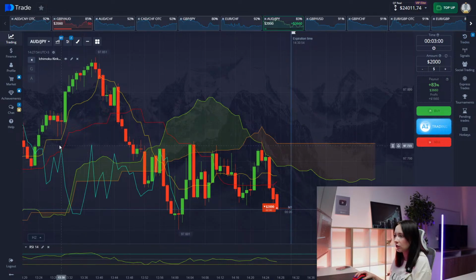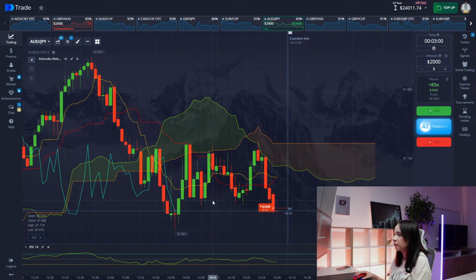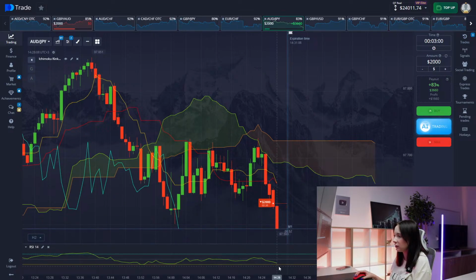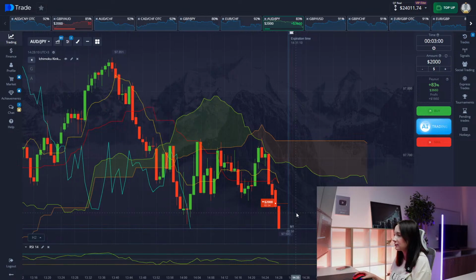I see a crossover here, the last crossover of the conversion line within the baseline, and also the blue line below the red one, proving that there will be a decrease in price of the currency pair and the formation of a downtrend. The RSI also shows this, that the currency pair is coming into oversold but is still not developing in such a position. So we are already succeeding in that trade, and we will hopefully do fine.